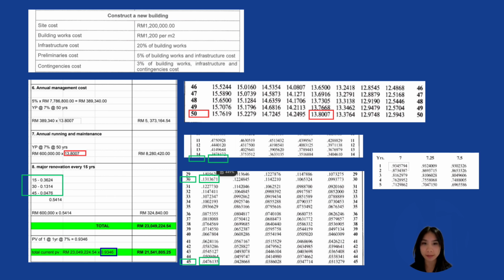RM600,000 each time. The renovation occurs during year 15, year 30, and year 45. Using the present value table, year 15 is 0.3624, year 30 is 0.1314, and year 45 is 0.0476.